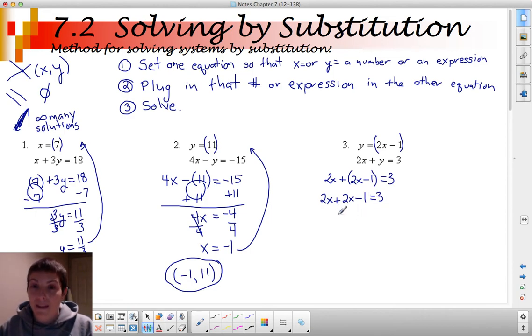And now I'm going to combine like terms and solve. 2x plus 2x are on the same side of the balance line, so that means we have 4x's over here equal to 3. Now we go ahead and solve, add 1 to both sides.